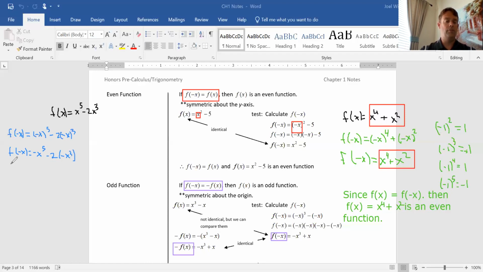So that means f of negative x equals negative x to the fifth plus 2x to the third.